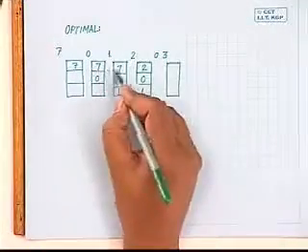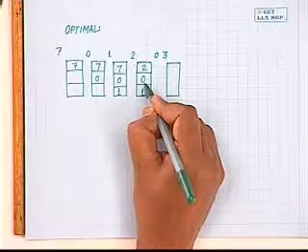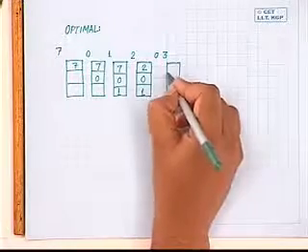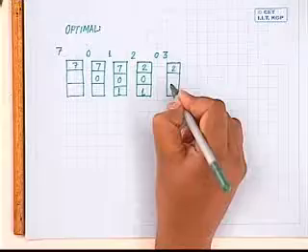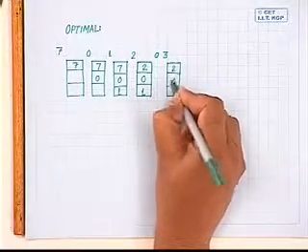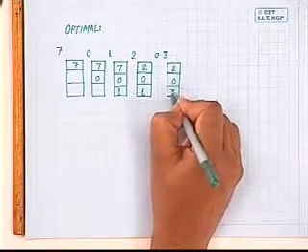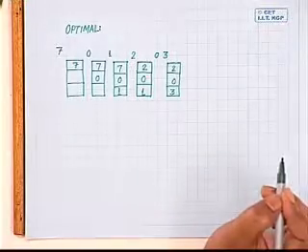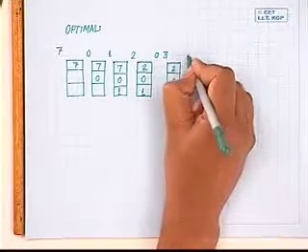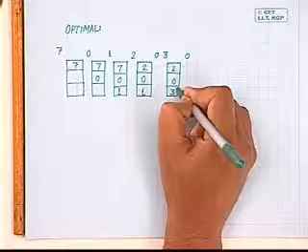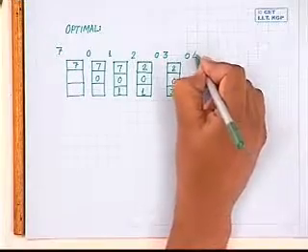In case of FIFO algorithm, what we had done is we had replaced page number 0. Okay. So now I will keep 2, I will keep 0, and I will replace 1 by 3. Okay. Next time 0 is referred, which is there in the main memory. Next time page number 4 is referred.